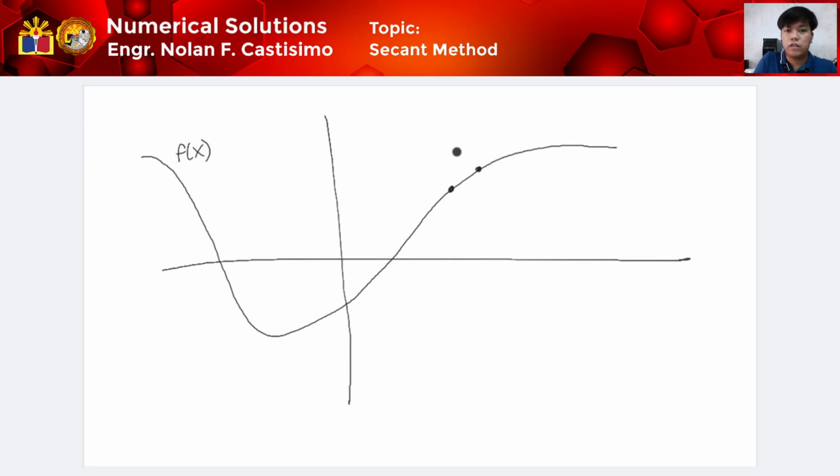So we have here our two initial guesses, and let's denote the first one as x0 and the other one as x1. These two points will not be like the bracketing method, because we're going to draw a line here, approximating like this, directed to here. So we evaluate the line and the function here.